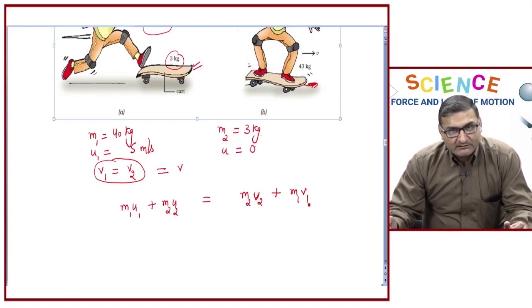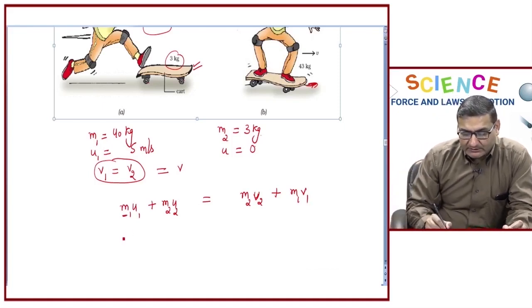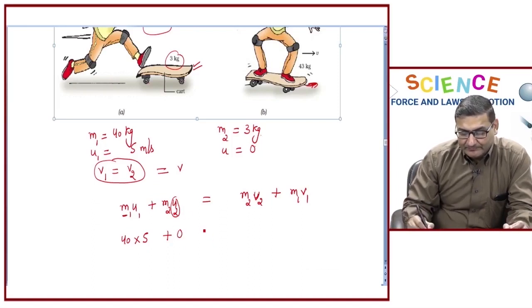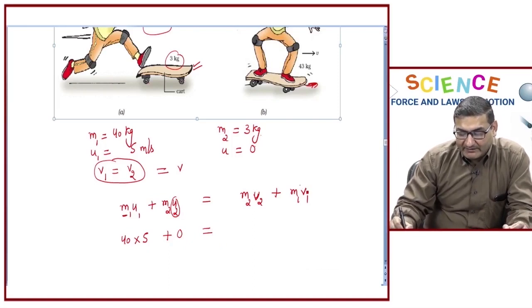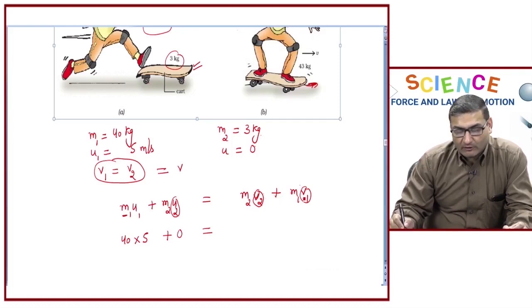Putting the values, the mass of the girl is given to be 40. She is running with an initial velocity of 5, plus the initial velocity of the cart was 0. So the 3 kilogram doesn't matter, it will be 0. Then it comes out to be m1 v1. Now v1 and v2, we have seen that they have the common velocity.